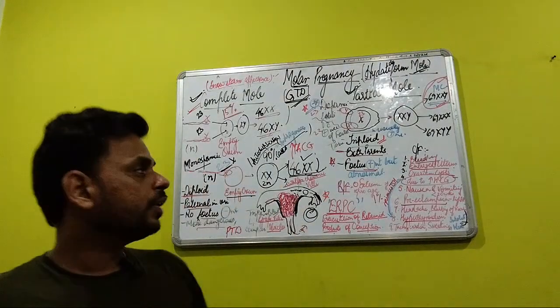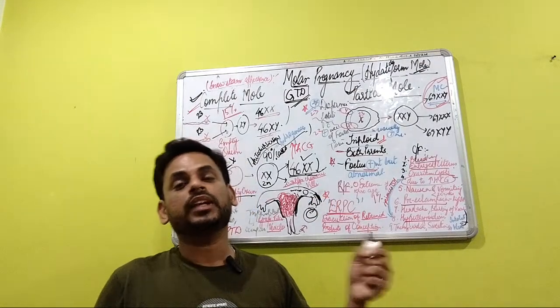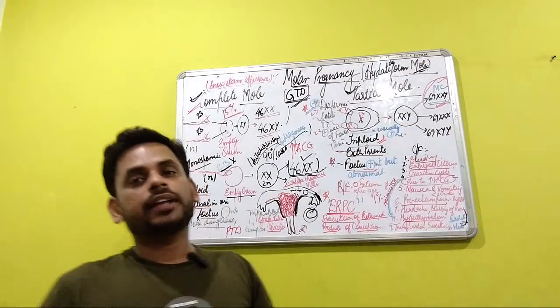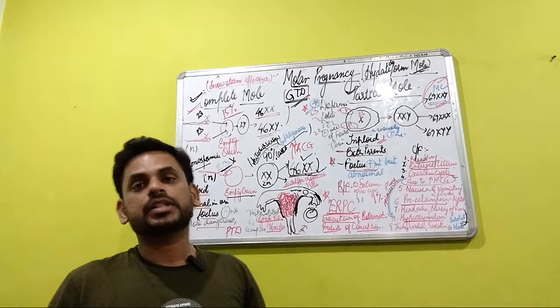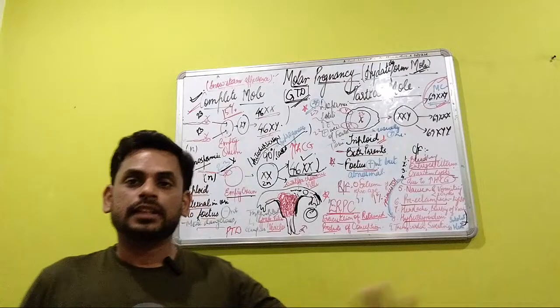Nowadays, molar pregnancy is quite easily detected in the first trimester of pregnancy itself. If it is not detected in the first trimester, later it will give a different list of symptoms.